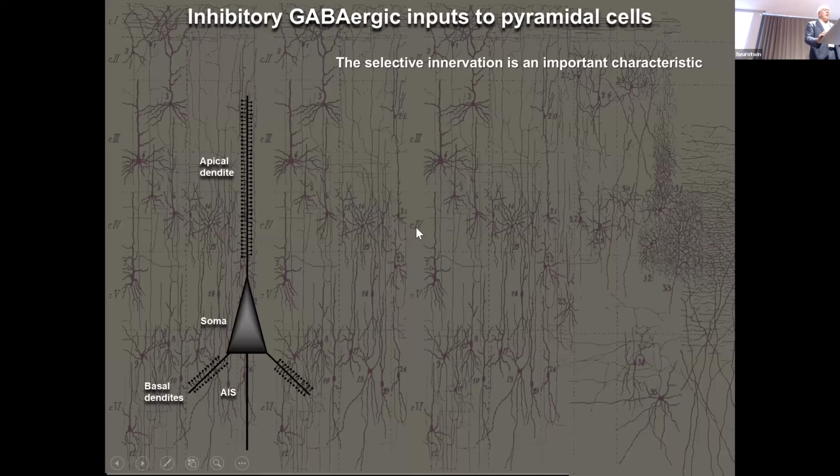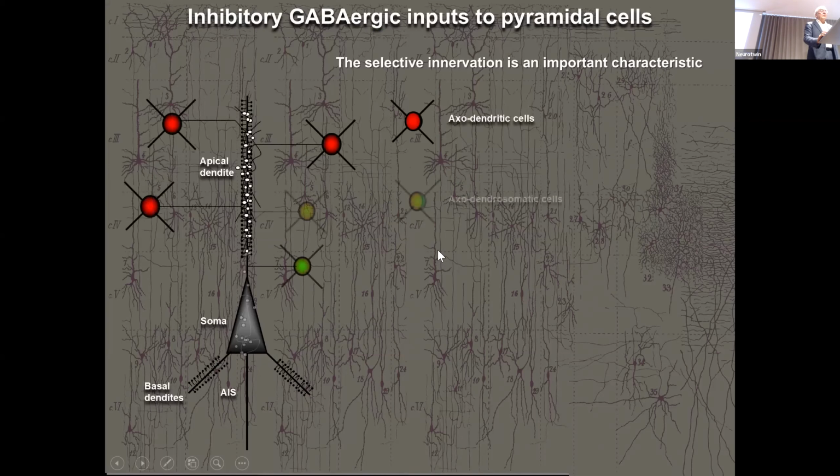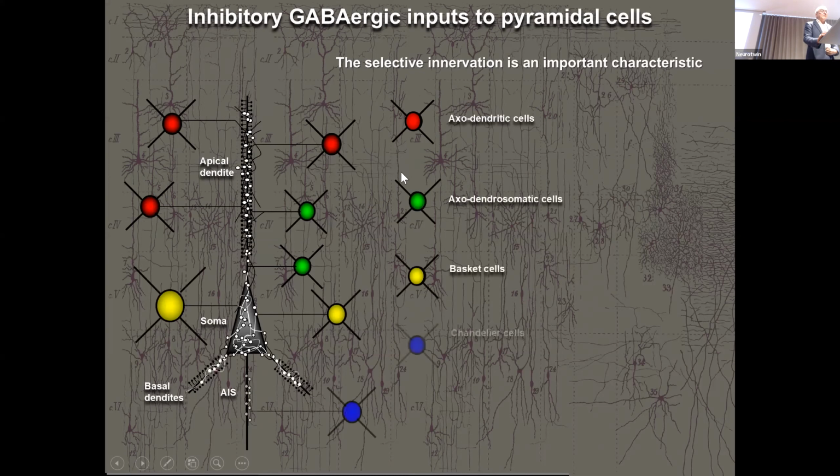You have to consider what happens with the plaques regarding the pyramidal neuron. You have a selective innervation by different types of interneurons. There are interneurons that make connections mostly with the dendrites, others with the dendrites and soma, others are the basket cells that innervate the soma, and there are also chandelier cells that innervate only the axon initial segment.